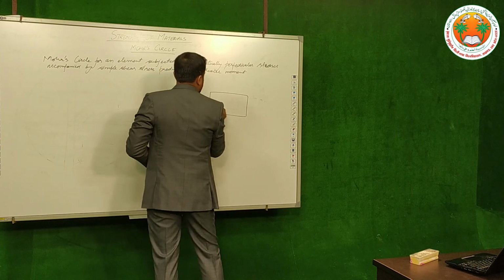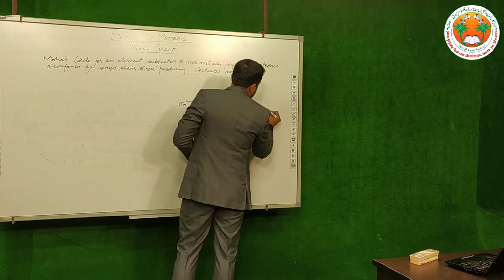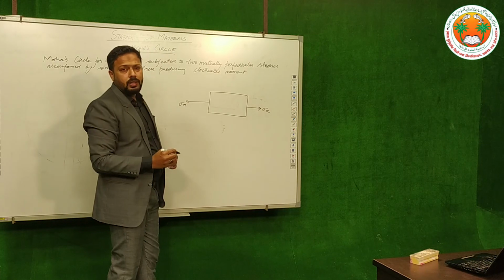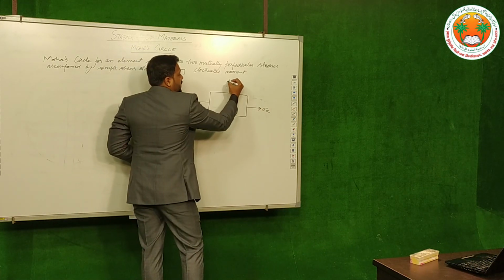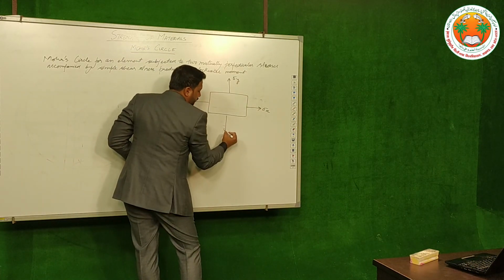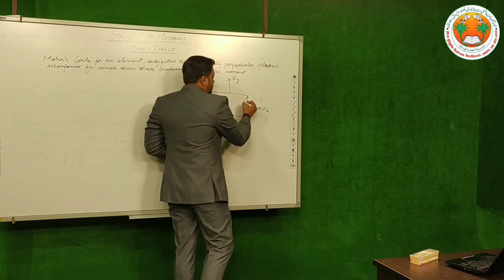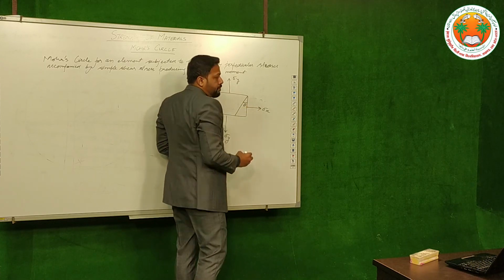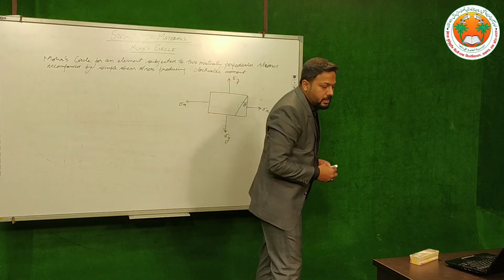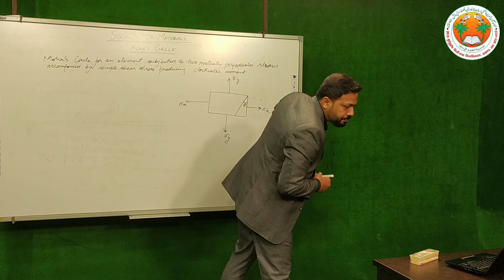This is sigma x, the normal stress or direct stress acting along the x-axis. This is sigma y, the direct stress acting along the y-axis. This is the plane at an angle of theta with the major principal plane.